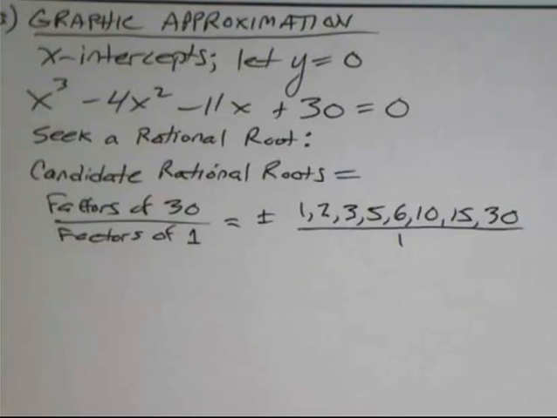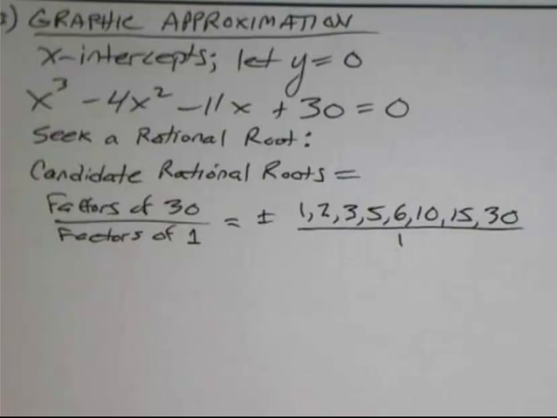We would have a list of possible roots whose numerator could be plus or minus 1, 2, 3, 5, 6, 10, 15, or 30. There's a lot of factors of 30, right? Now, those are numbers which could be divided by 1, plus or minus 1, because fortunately here the leading coefficient is simply 1.